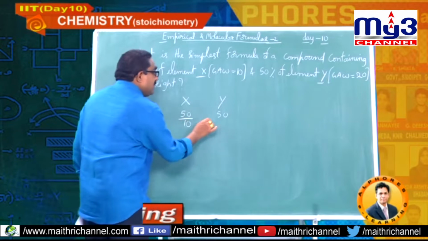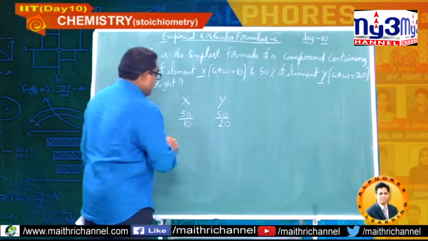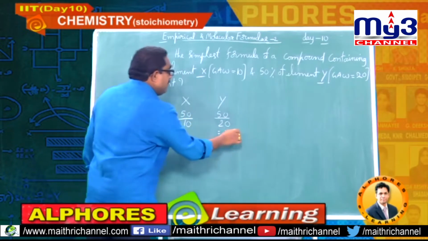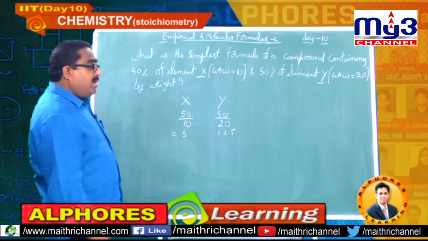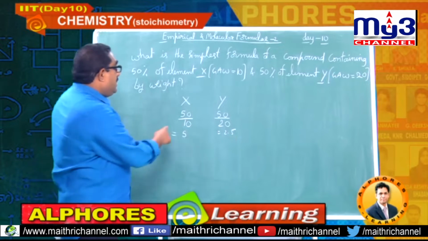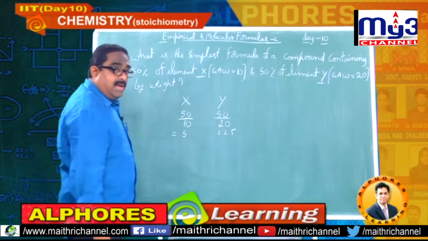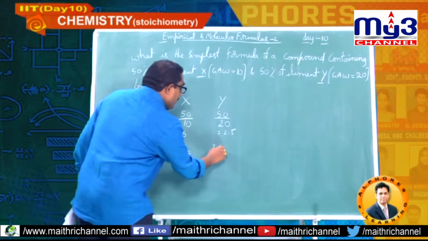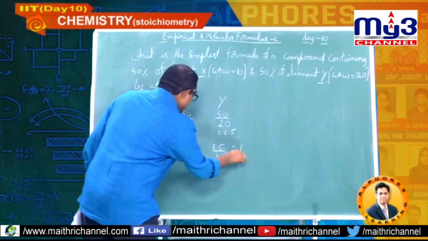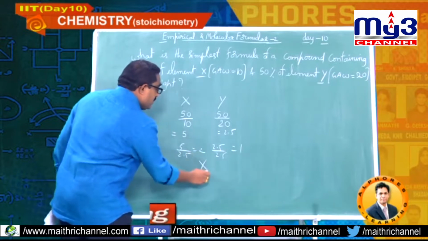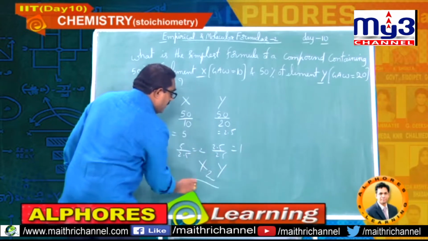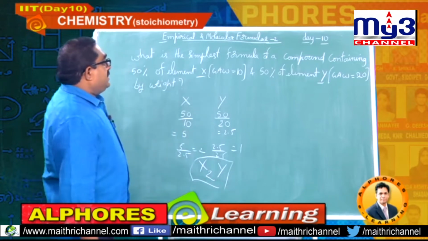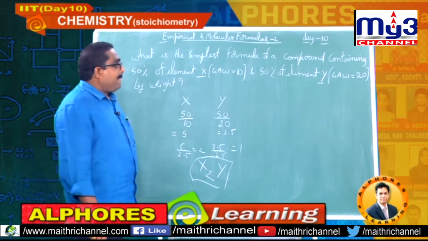I am doing that, students. Please concentrate. So this is 5, this is 2.5. In the next step we divide both by the smallest value among them, that is 2.5. So 5 by 2.5 is 2, and 2.5 by 2.5 is 1. So the simplest formula you can write as X to Y. Please note this down, students.